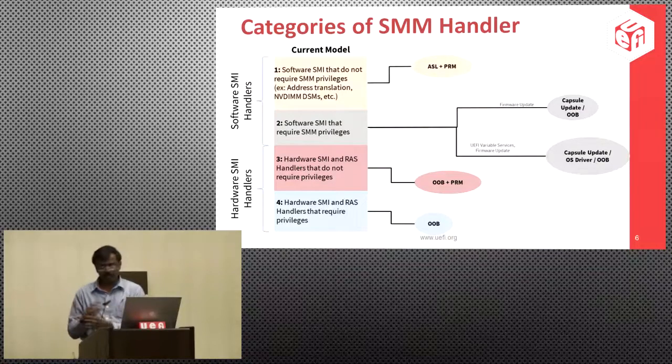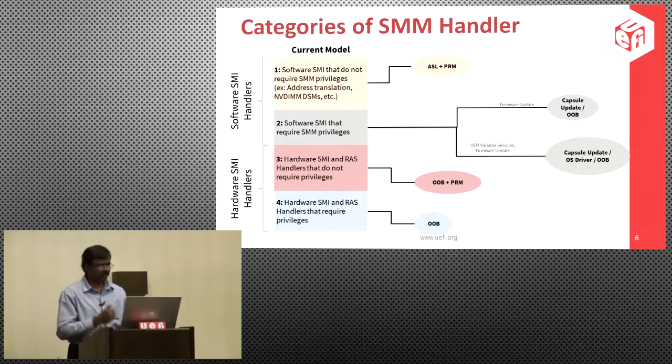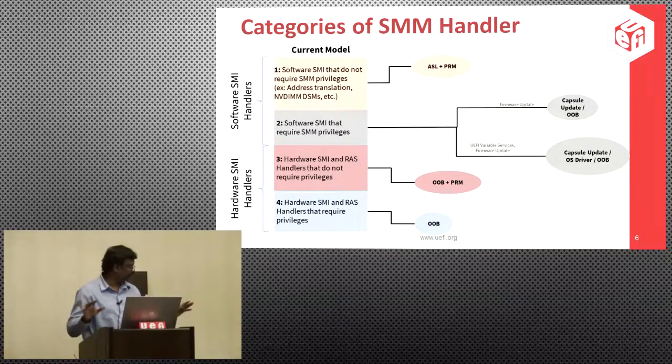All server platforms have BMCs, so pretty much all the RAS features are server specific. So we have a controller there that can do all this work for us. This is the basic outline of our strategy to see how we can reduce SMM usage. So that's all I had. Any questions?